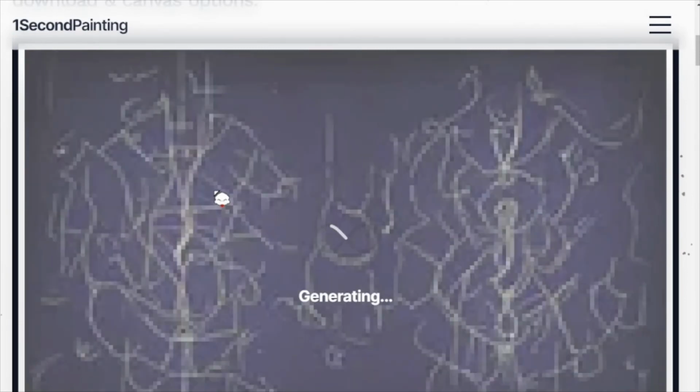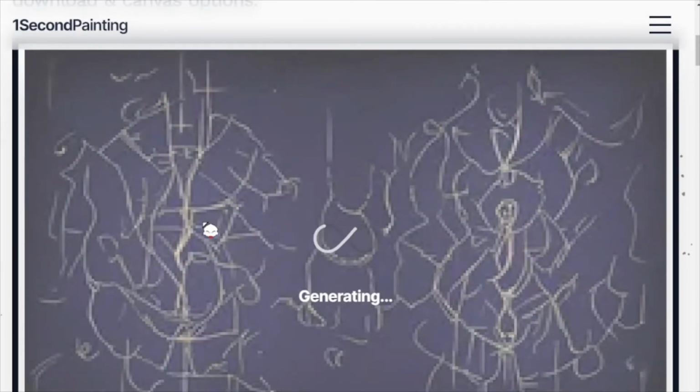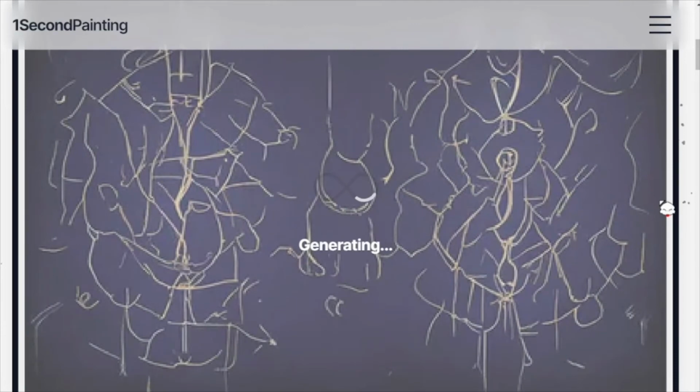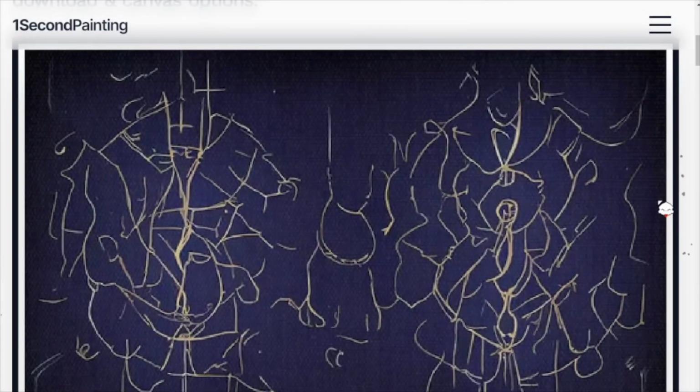Shoot. Leave me alone. Oh, so it's either this picture or the other picture. That's interesting. You got a minute to think about it, so take your time.